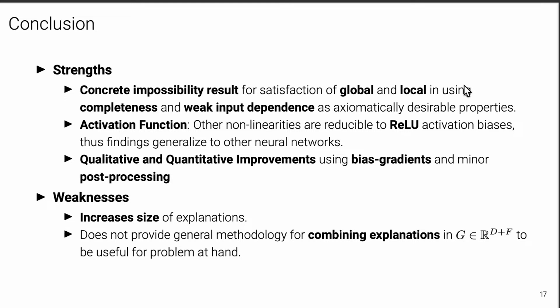And because they do not hold, we need to be careful about the conclusions that we can draw from our saliency maps. So if only weak input dependence holds, certain unexpected pixel perturbations will cause the model to not change its output, for example.